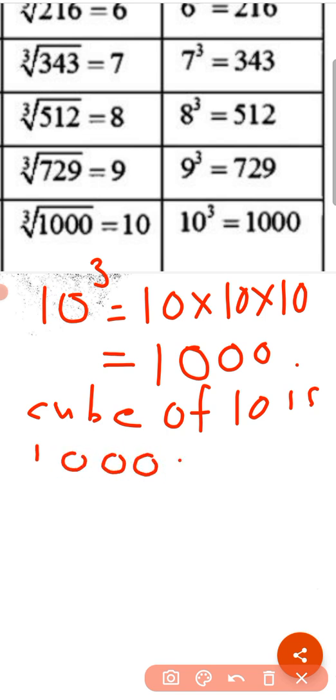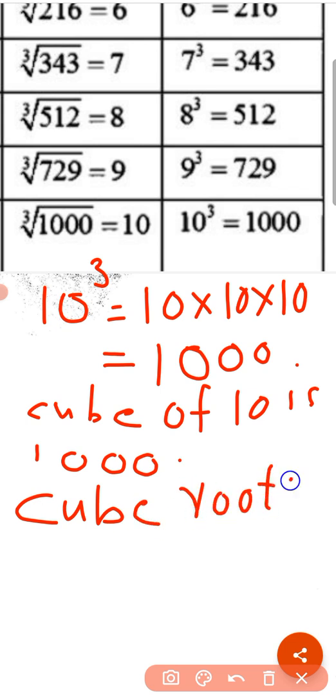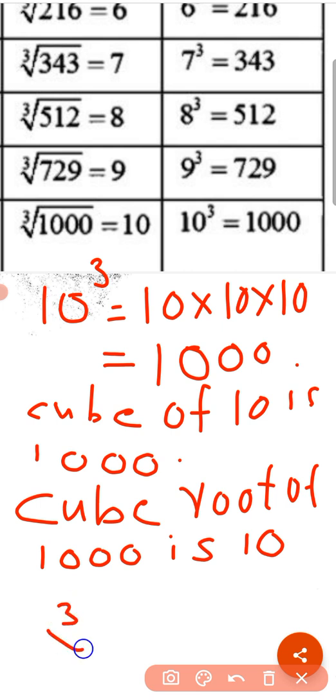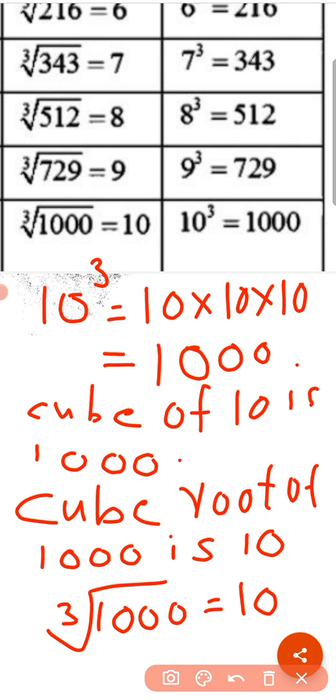That is, when we multiply 10 3 times, we will get 1000 as answer. So we can say that the cube root of 1000 is 10. This is the relation between cube and cube root. We can write it as cube root of 1000 is equal to 10.